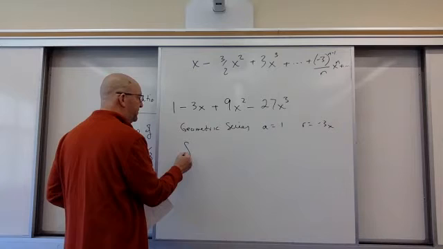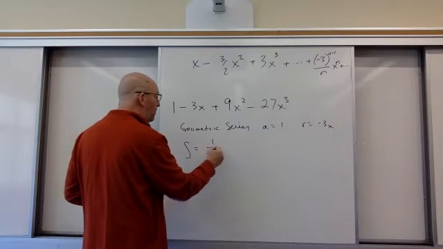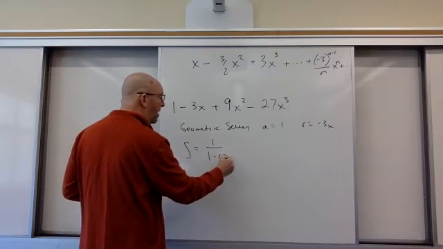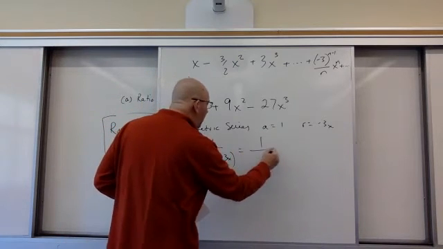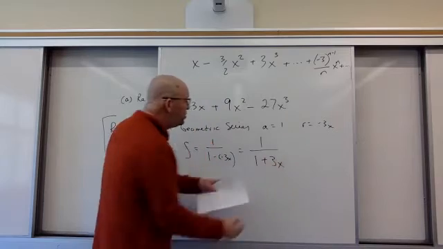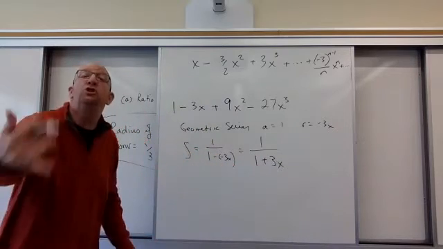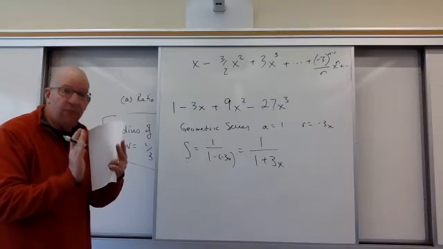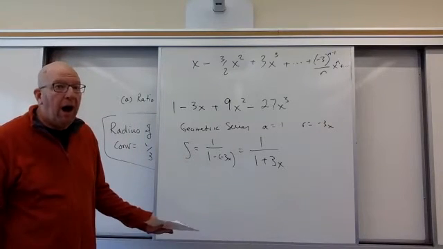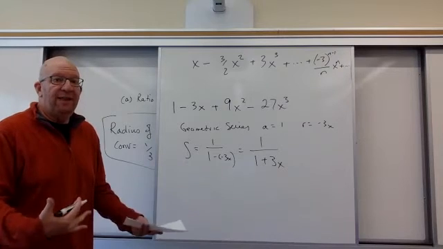Therefore, the sum of the series is a over 1 minus r. But the sum of the series is also a function, and that is the function to which the series converges between negative 1/3 and 1/3. That's the relationship.